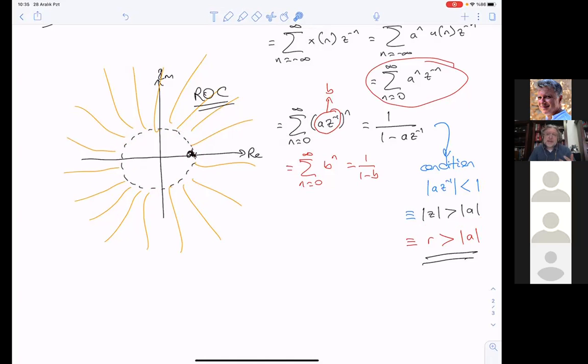It doesn't really depend on the sign of A. It depends only on the magnitude of A, because it defines a radius starting from the origin all the way towards here, or even some imaginary places like this pole here or this pole here. They will all contribute the same region of convergence, the same circle, and outside of that circle is the region of convergence.